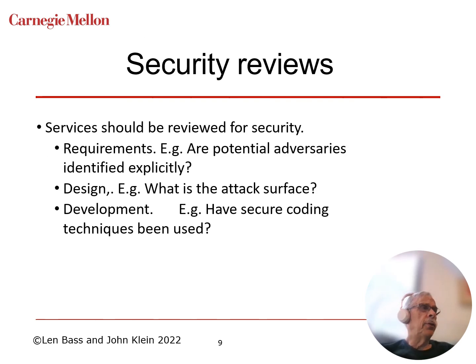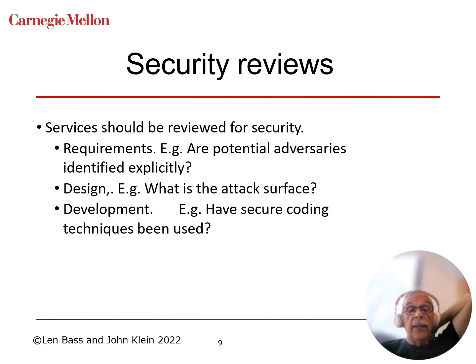Also, review your system for security. You can review it at the requirements level, and this review typically involves a security expert as well as the developers. At the requirements level, an example is: are potential adversaries identified explicitly?